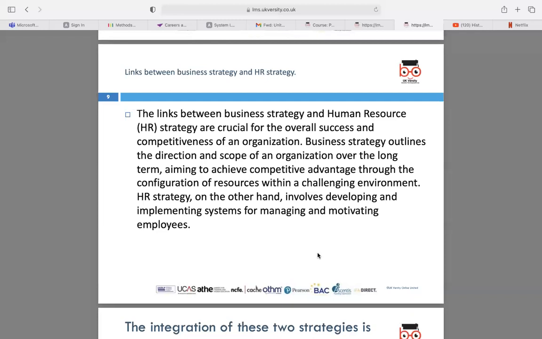We spoke about the organization's strategic objectives and what they essentially look at. It would basically mean that there are different statements that indicate what is critical and what is important in an organization's strategy, and how HR needs to focus on that and then make its own strategies. That can involve developing and implementing systems for managing and motivating employees.